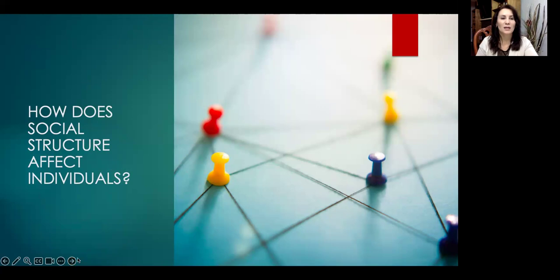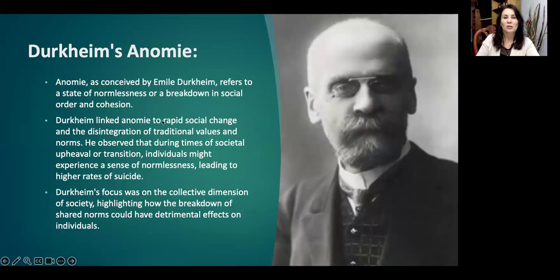So how does social structure affect individuals? We will go through three different things today: Durkheim's anomie, Karl Marx's alienation, and also Weber's rationalization, to understand how structures may affect our lives.